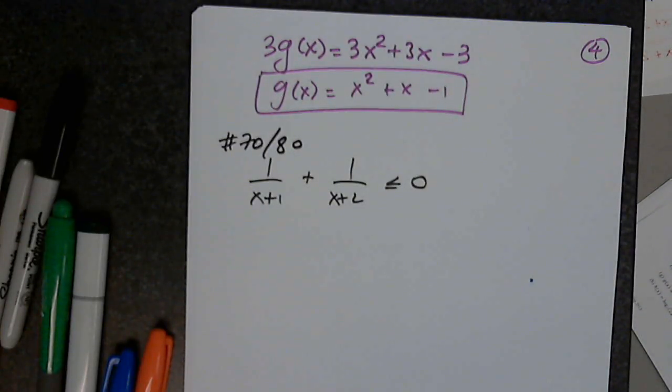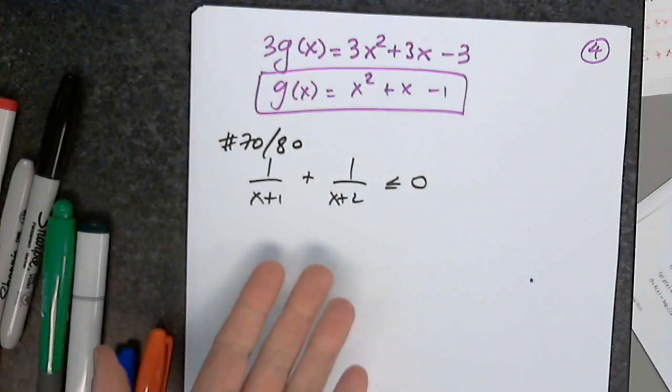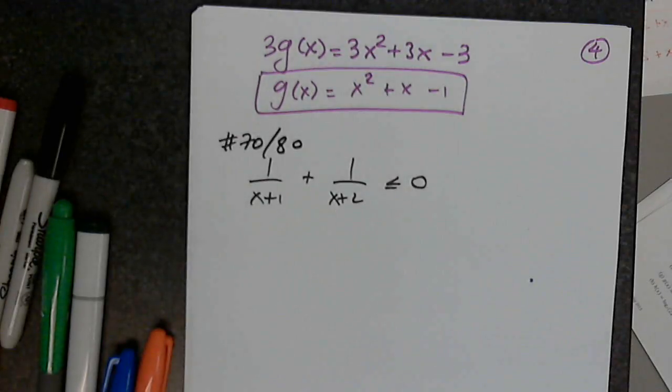I thought the first step is where you find your domain. Nope. I need a domain when I graph, and when I'm asked specifically for the domain. You're giving me this, right? And you say solve it. What is my first thing? LCD? Nope.